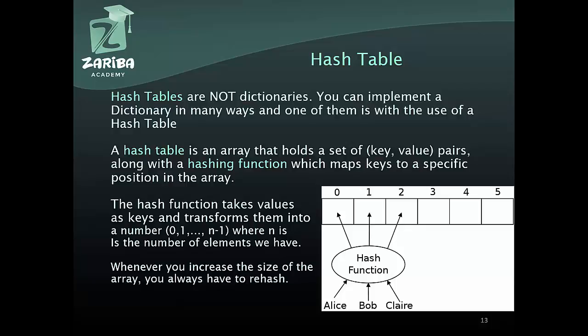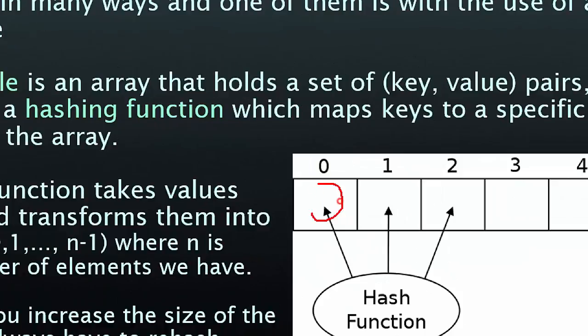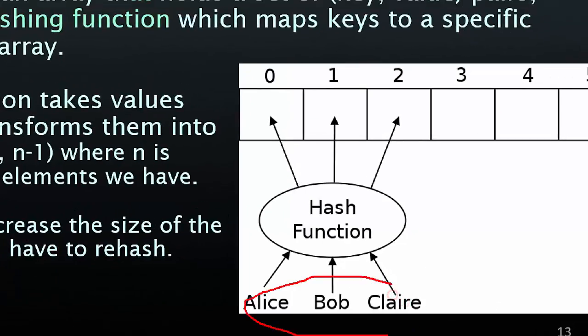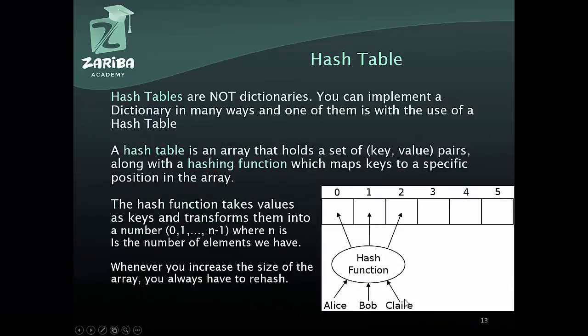It can be an integer, a string, an object. It's always going to give you back the same index inside the array, in which we store these values, Alice, Bob, and Claire in this case. Is that clearer? Okay. If it's not too bad, because then a bit more complicated things are happening.